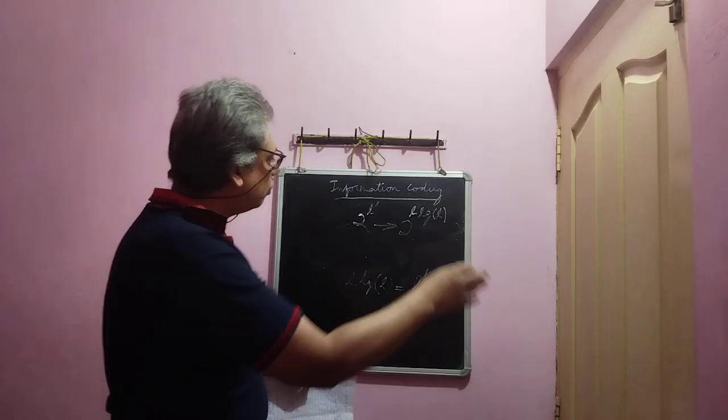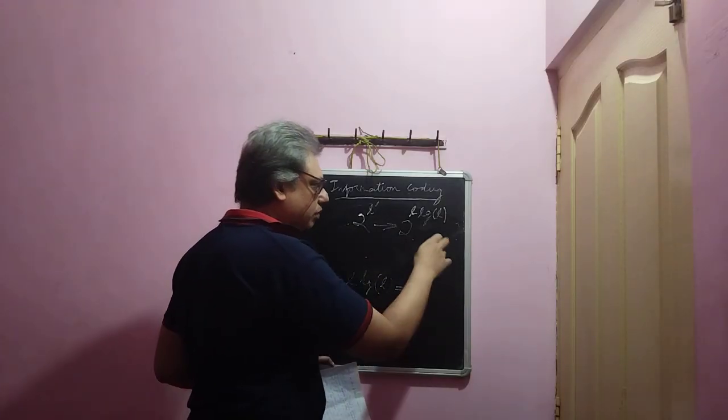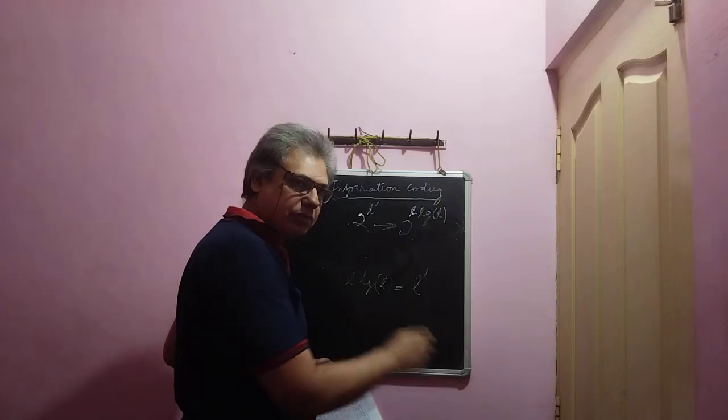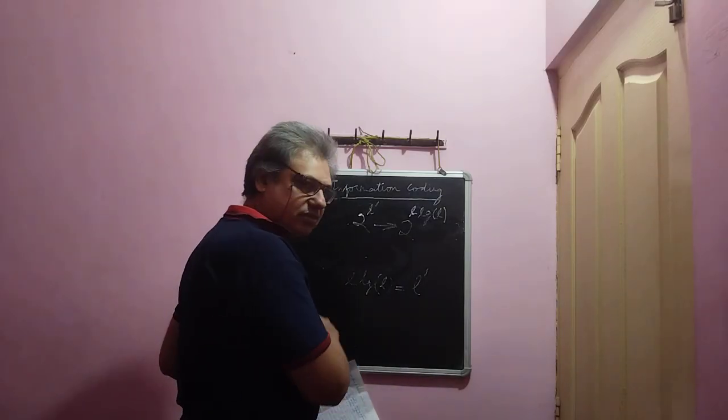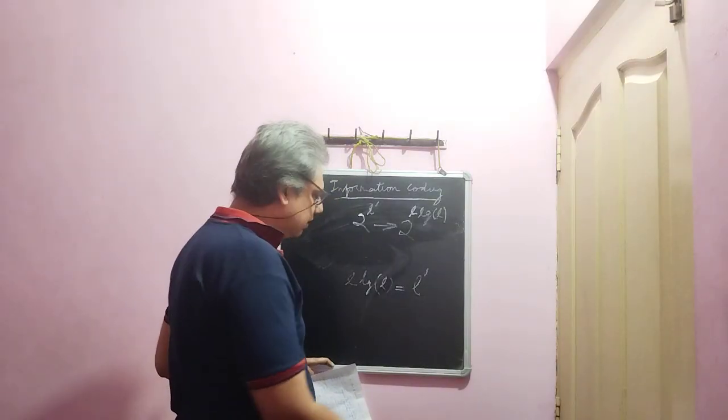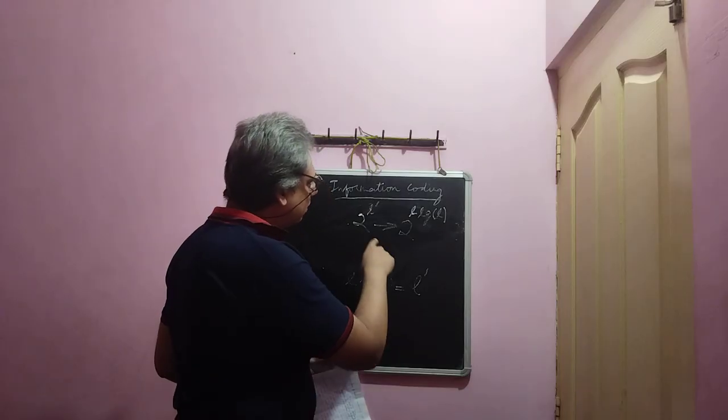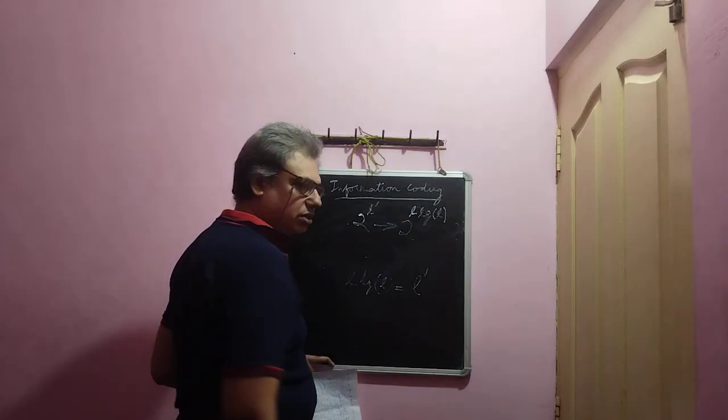Now we simply code the L dash bits of information as a permutation of length L, of the values 0 to L minus 1. Some permutation of that is what represents this information.